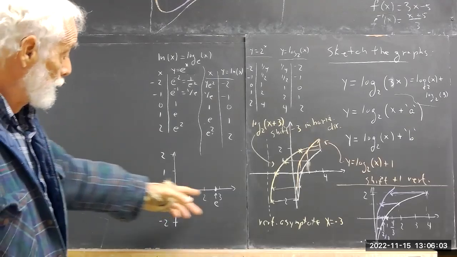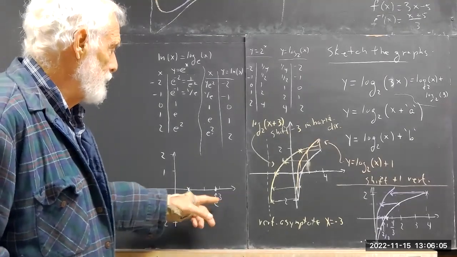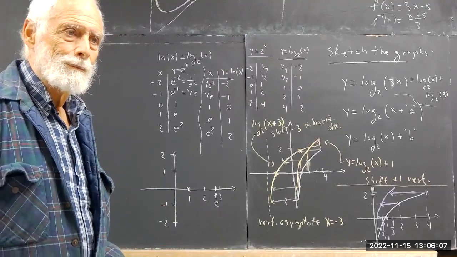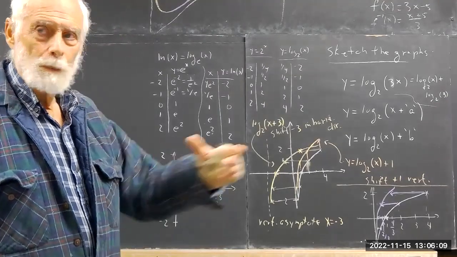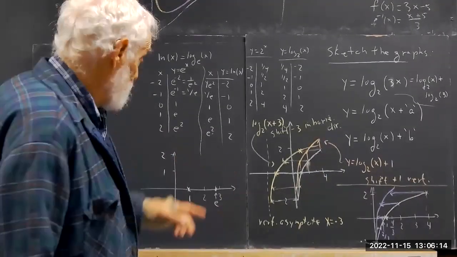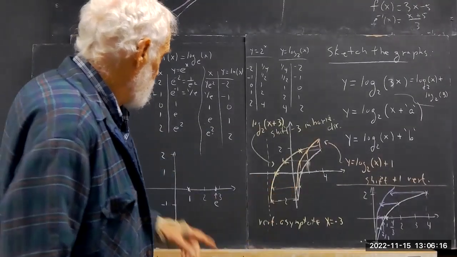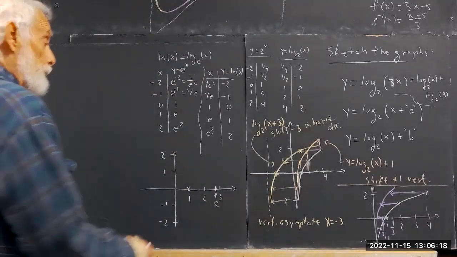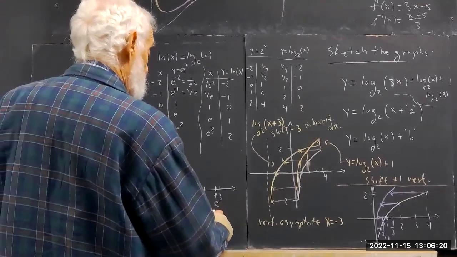Now, I didn't leave myself room to do e cubed. E squared is going to be a little more than 7. So it's going to be out here a ways, so we're not going to be able to put it on this graph, but it's just a number.